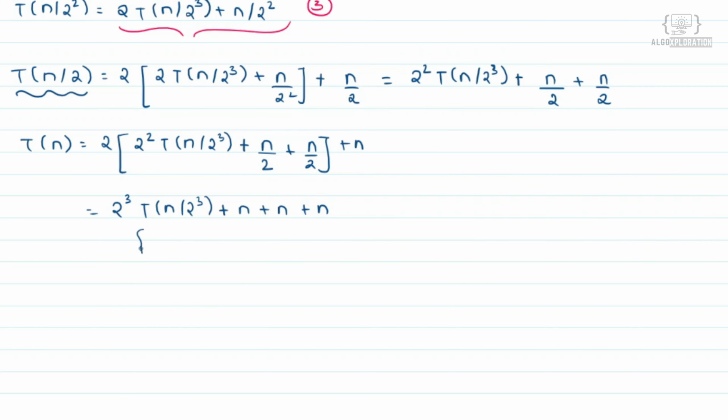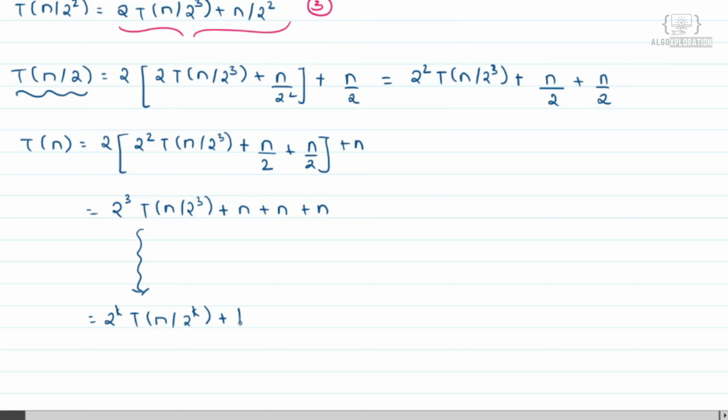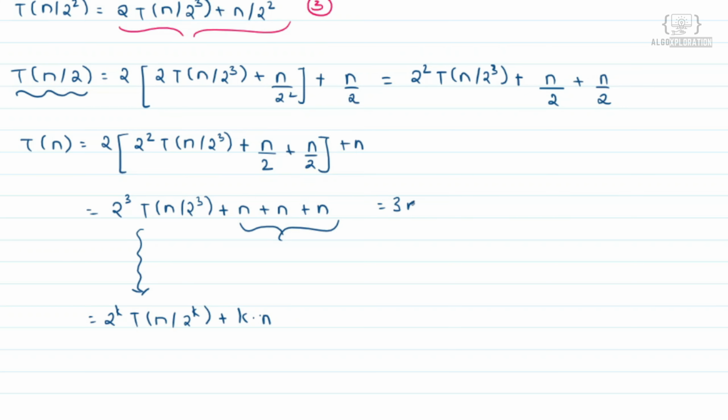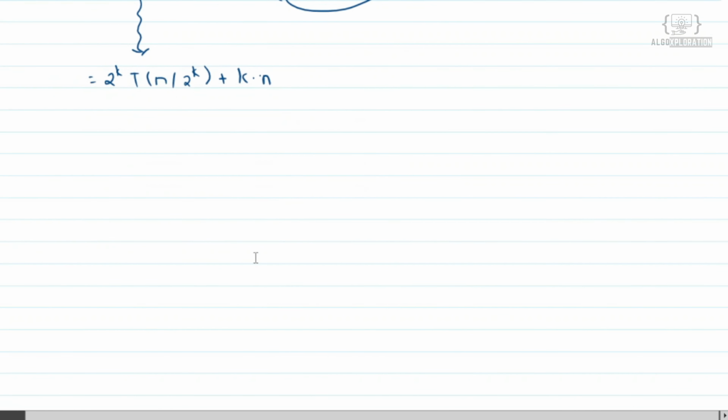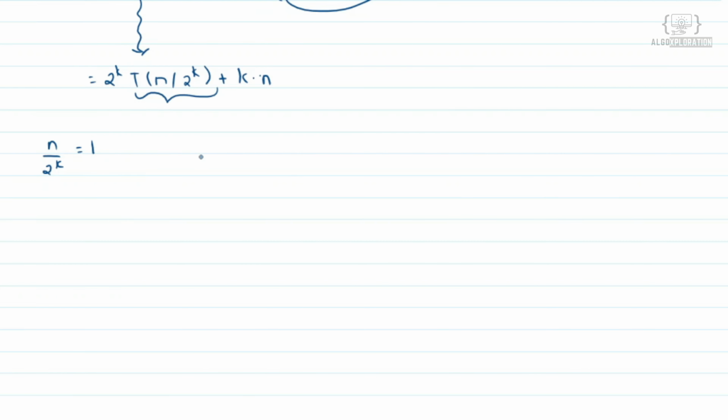Now if we do this for k number of times, this will be 2^k T(n/2^k) + k·n. We can see that this is nothing but 3n. Now to eliminate this T(n/2^k), we have to put n/2^k = 1 because of the base condition. So the value of k will be log n.